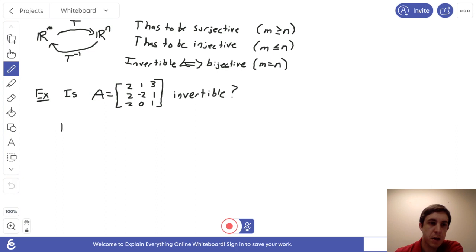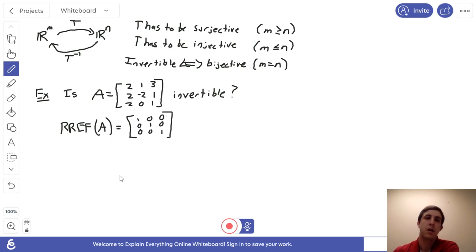The way we answer that question is to look at the reduced row echelon form of A, which in this case I have typed into a calculator, and it has produced the identity matrix.